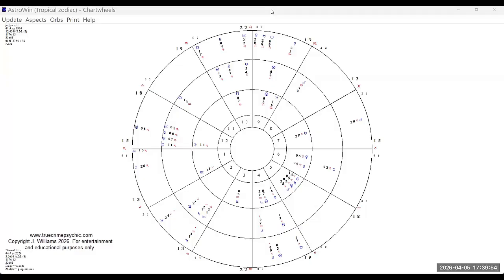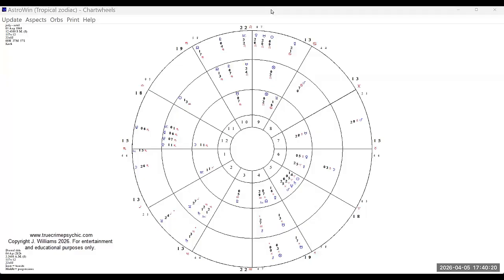So I'm simply going to progress Uranus to. I'm going to look at these. Obviously, the other planets are very, very important, but take a look. Go back a couple of months.